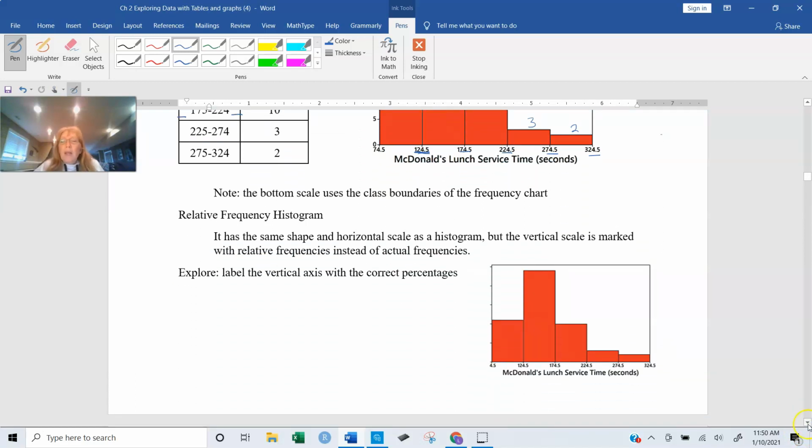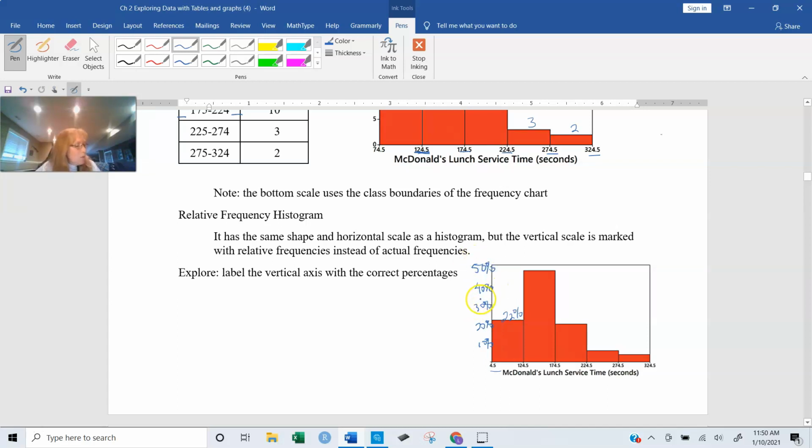A relative histogram does the exact same thing. You still have the classes here, but now instead of how many you have, it's the percentages. It should look almost identical to the first, with not much different other than your labels over here. This one was 22%. So this is going by 10%, 20%, 30%, 40%, and 50%.